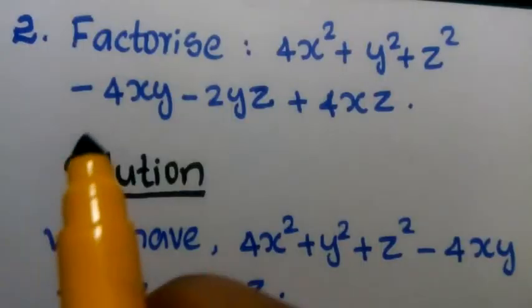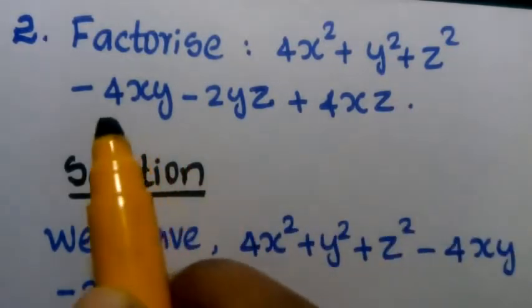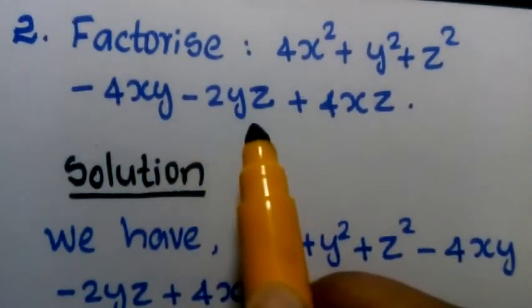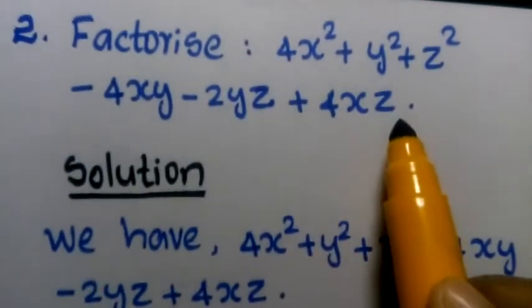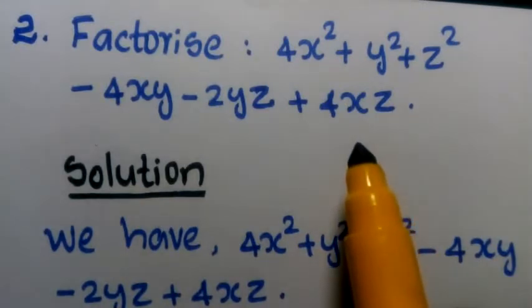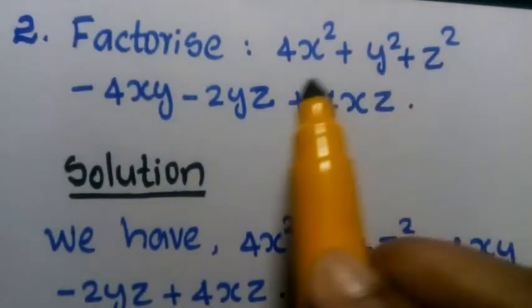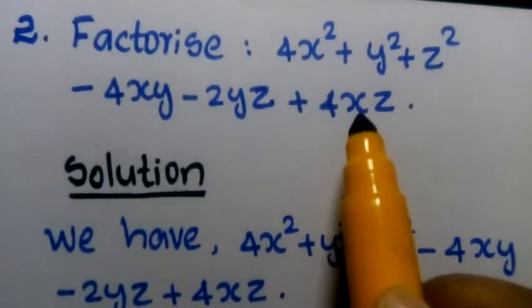Second question. Factorize 4x² + y² + z² - 4xy - 2yz + 4xz. Here we need to find the factors of the given expression. If you observe the question, you can see that the expression has 3 square terms and 3 product terms.